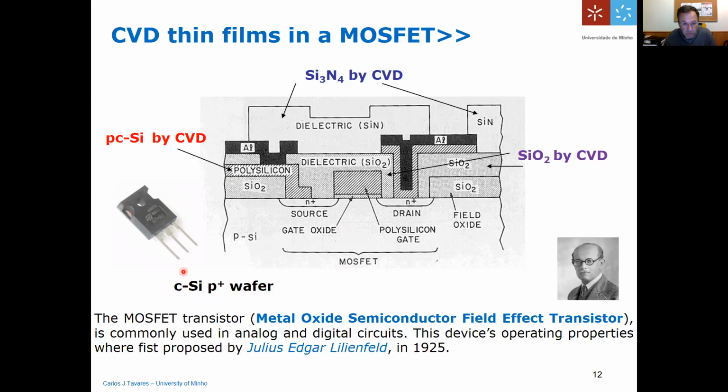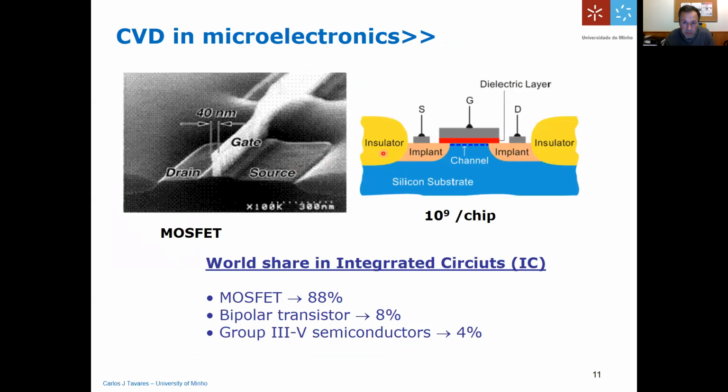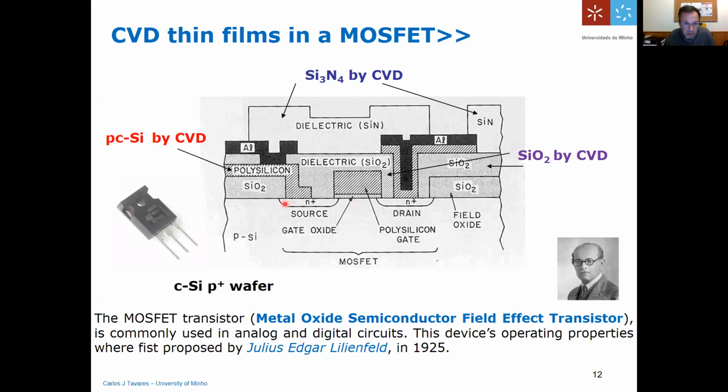So you'll start off with this kind of substrate. Then you will make the depositions for the insulating parts that you saw here, for example. These insulators can be SiO2, silicon dioxide. Then you will have the polysilicon deposited by CVD, and the dielectrics, also silicon dioxide or silicon nitride, also formed by CVD.